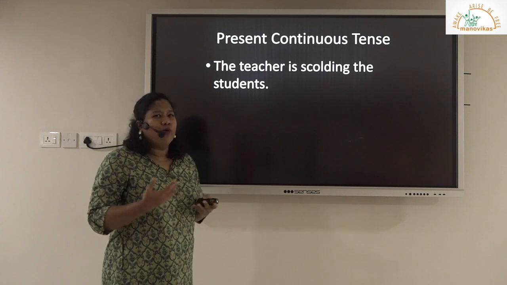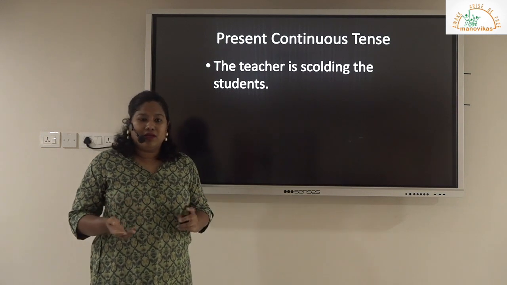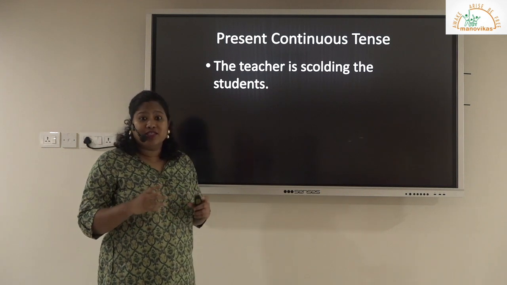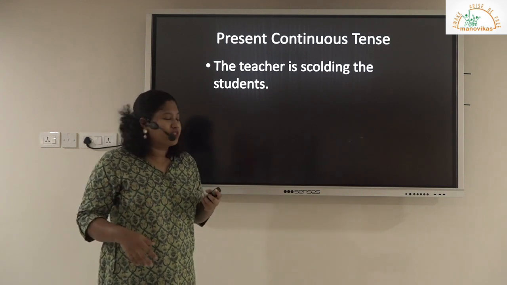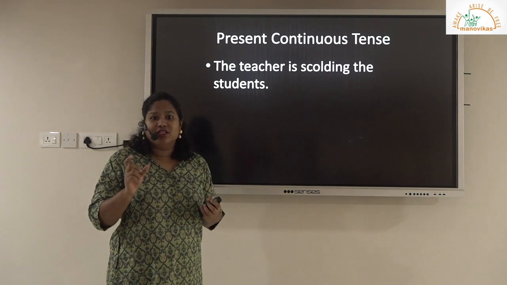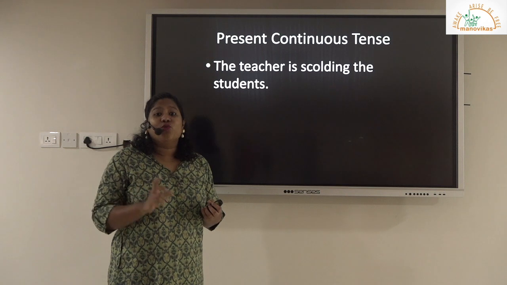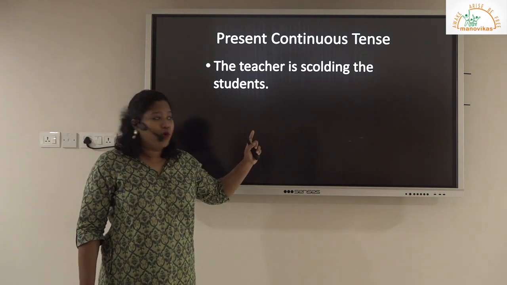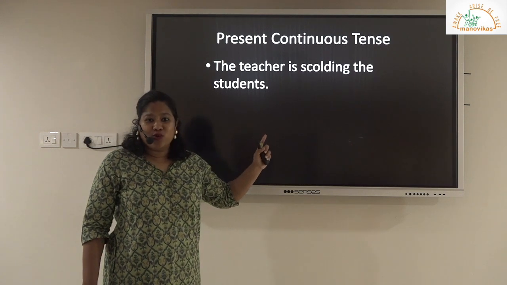What happens to my verb? Is scolding. What is the form of to be here? Was the teacher, the students were, because they're plural, right? Many students. So were and being is the form, okay? The continuous form of to be. So were being. What is the past participle of scolding? Had scolded.